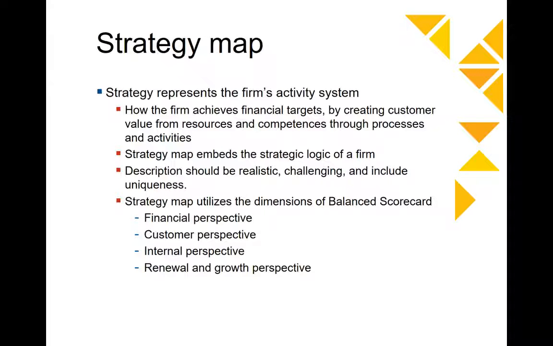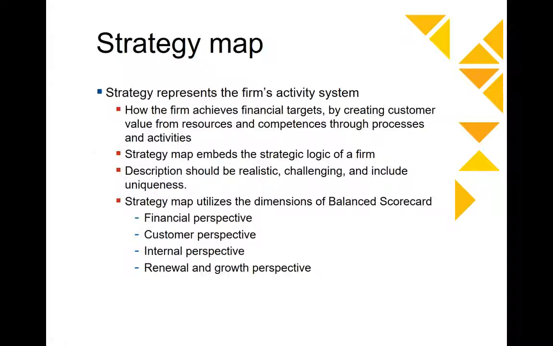So the strategy map embeds the strategic logic of a firm. So what is the strategic logic of a firm? The description of strategic logic should be realistic but challenging and include the uniqueness, competitive advantage. So this has to be aligned with the actual strategy, the real strategy of the firm, and competitive advantage, uniqueness, value, customer value creation.